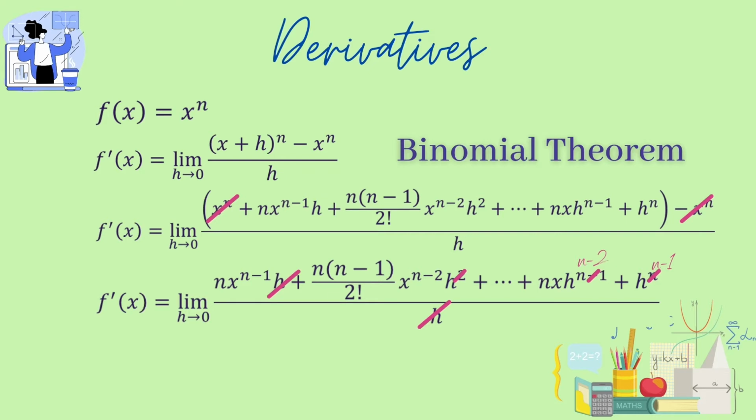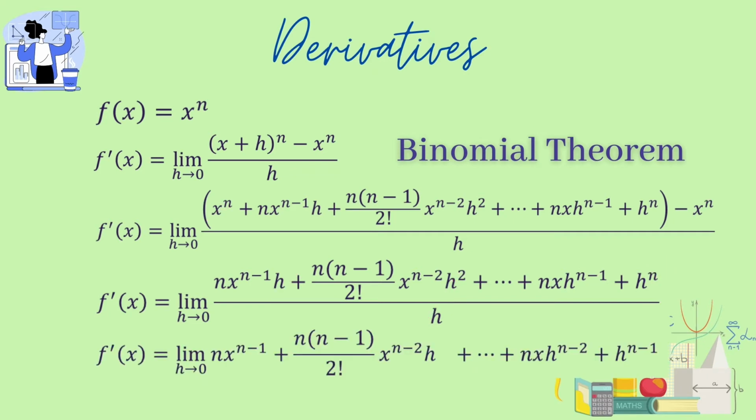After canceling h, what remains is this polynomial with all terms still having the variable h except for the first, which is n times x raised to the quantity n minus 1. As we evaluate the limit by substituting 0 to h, all terms will be equal to 0 except for n times x raised to the quantity n minus 1.